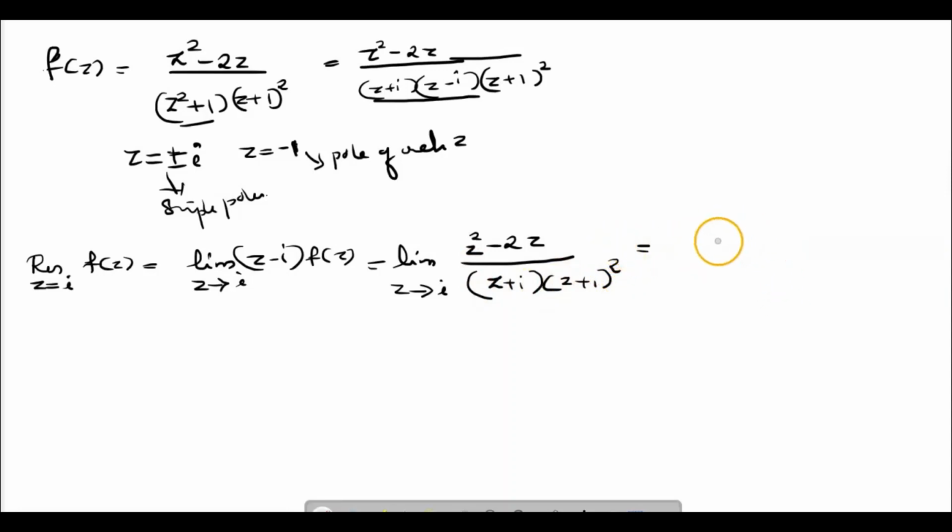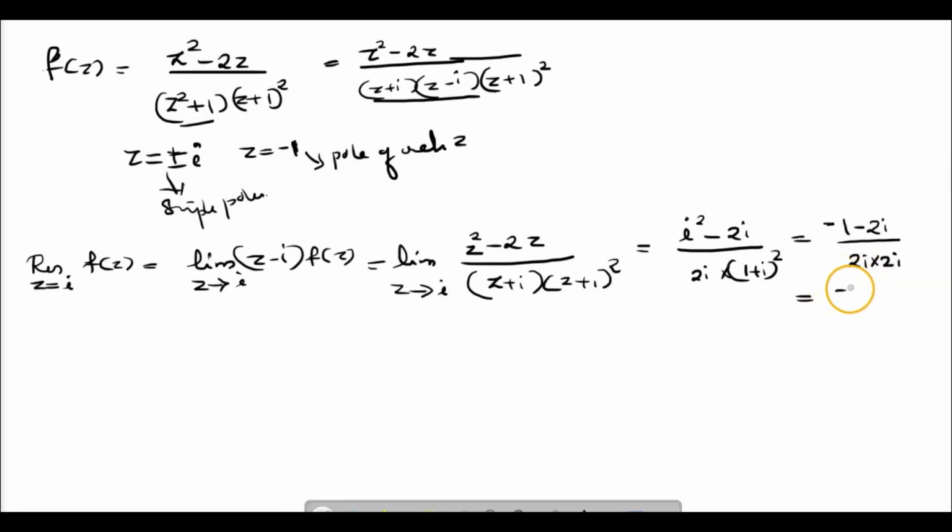Taking the limit, z tends to i: i square minus 2i divided by (i plus i, that is 2i) into (i plus 1) whole square. i square is minus 1 minus 2i, into (1 plus i) whole square, which is 2i.